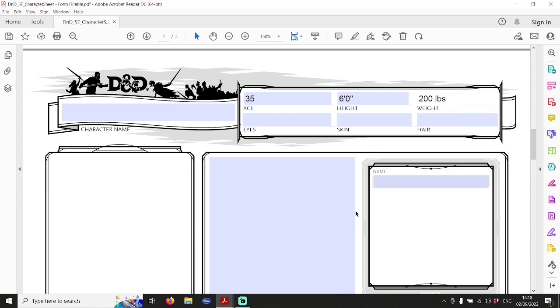Obviously, you can put this in kilos if you're more comfortable in kilos, and the same with the height. You can put that in centimeters or meters if you're a bit more comfortable with that as a unit. Eyes, I'm going to say they're grey. Her skin, I'm going to say it's sort of charcoal grey.